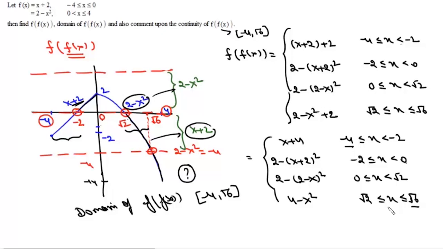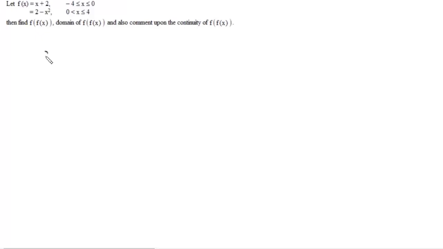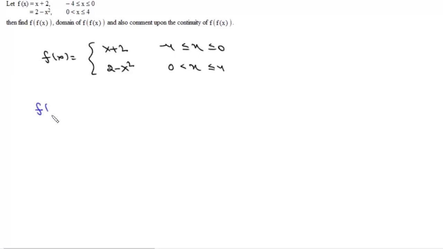Now we'll solve this question using the algebraic method. For the algebraic method, we have this f of x, which is defined as x plus 2 when x lies between minus 4 and 0, and it is 2 minus x square when x lies between 0 and 4. Now we need to find f of f of x.